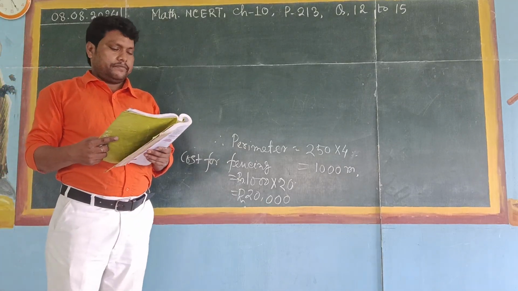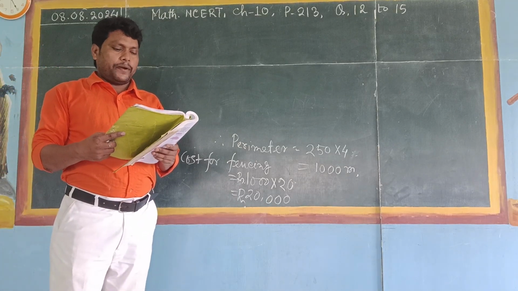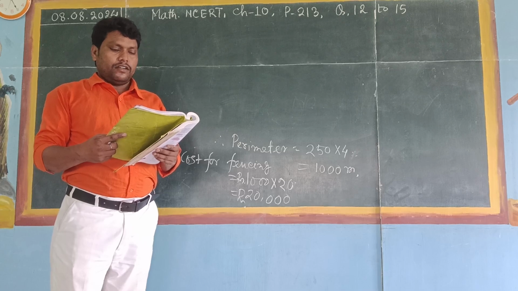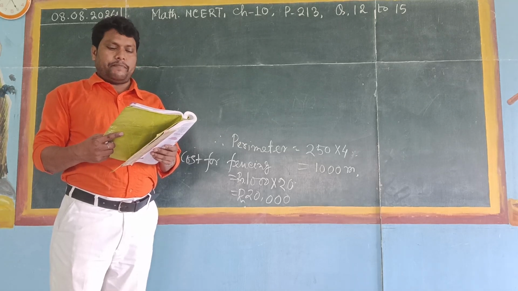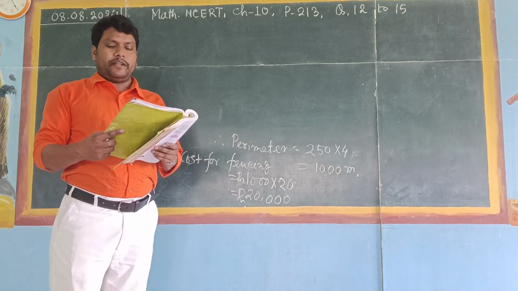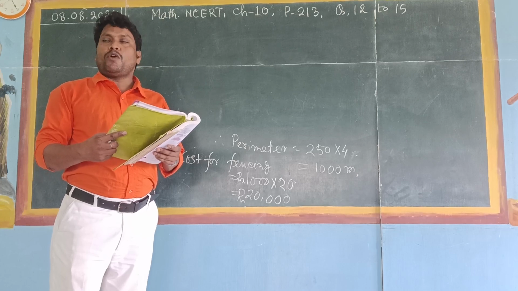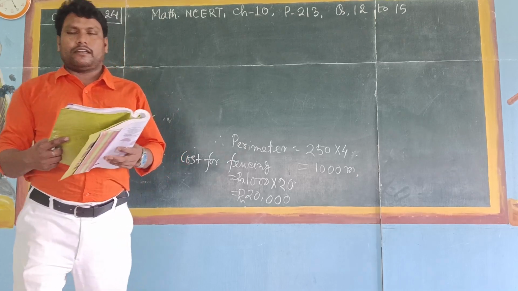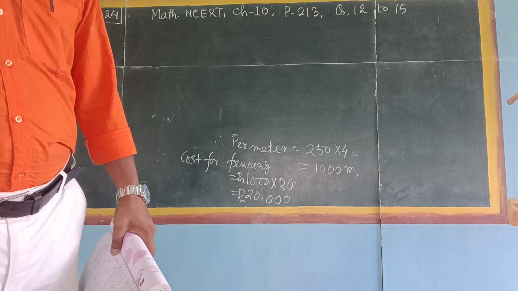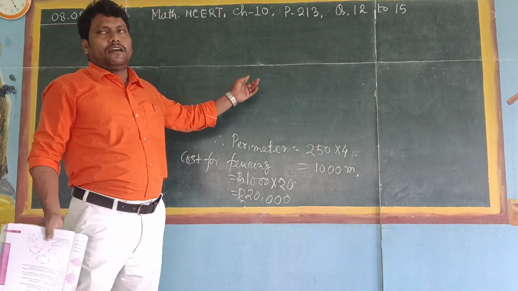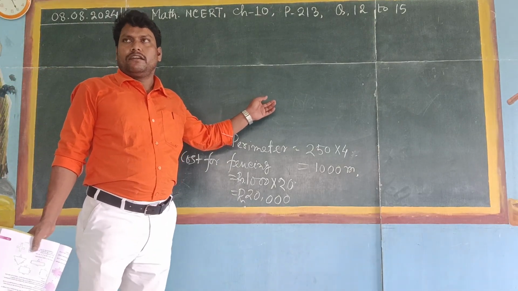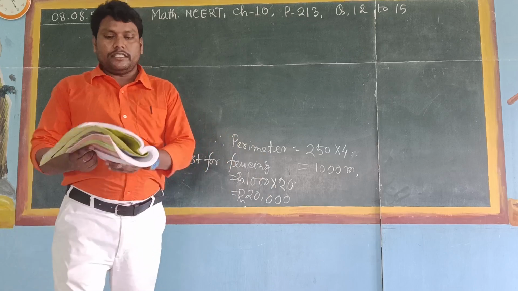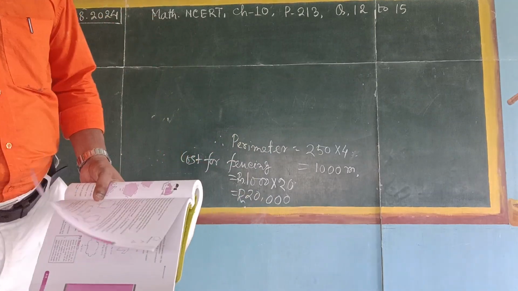Question number 14. Find the cost of fencing a rectangular park of length 175 meter and breadth 125 meter at the rate of 12 rupees per meter. So it is just like that, but the figure was a square, and this is a rectangular park.